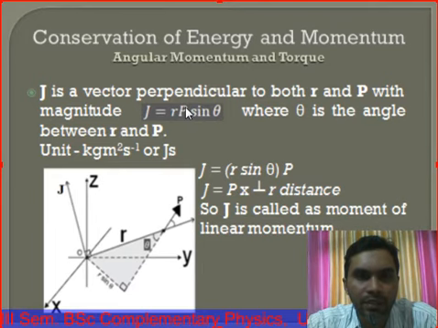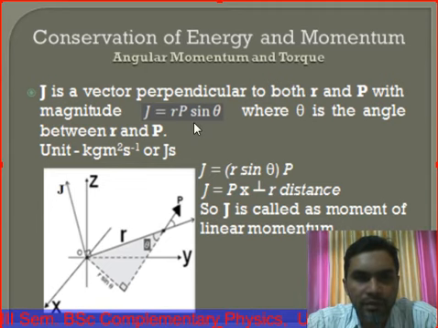So kilogram meter per second into meter is kilogram meter square per second, or we can write it as kilogram meter square per second square into second. It becomes joule second. You can use either kilogram meter square per second or joule second. Both of them are accepted as SI quantities.